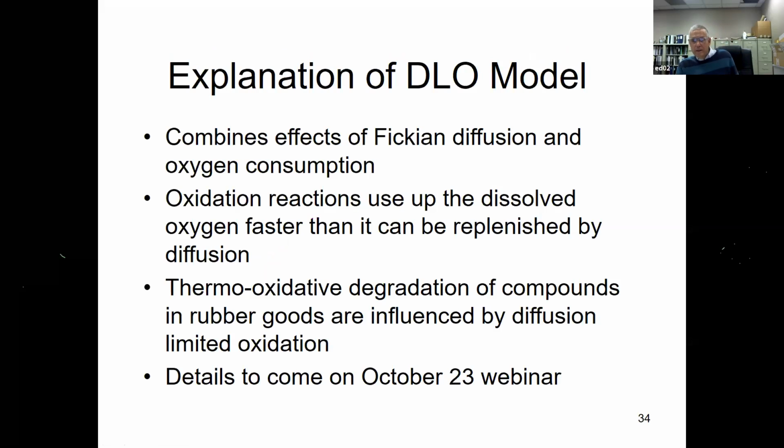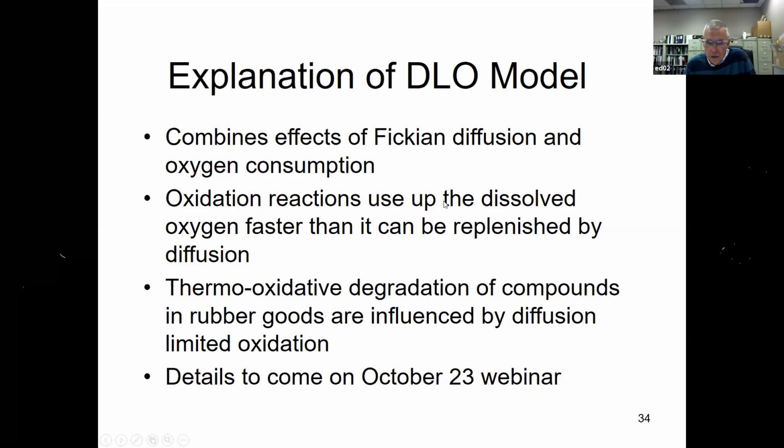Okay, this is the last slide. So I asked the question, can you explain the DLO model? So this is the diffusion limited oxidation model. The diffusion limited oxidation model combines the effects of Fickian diffusion and oxygen consumption.